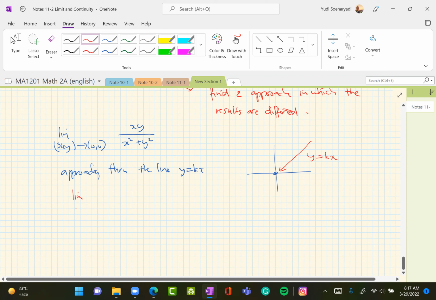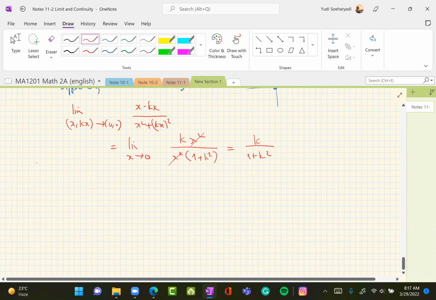And the limit of xy with y equal kx gives kx squared over x squared plus k squared x squared. Okay, so this is the limit of just one variable. The numerator becomes kx squared, and the denominator becomes x squared times 1 plus k squared. And of course, the x squared cancels.